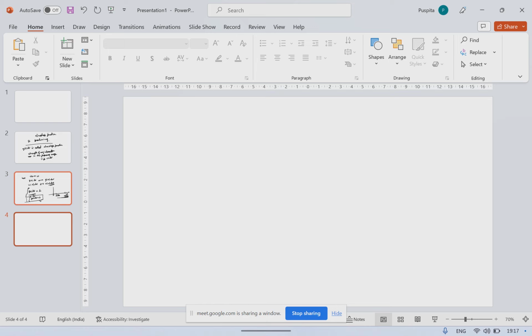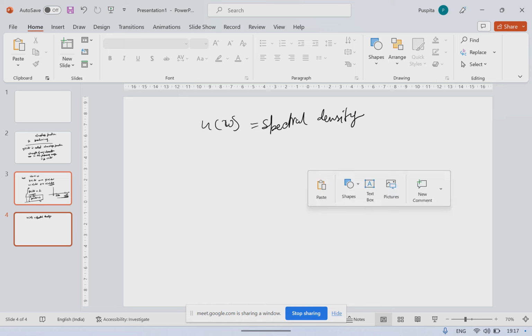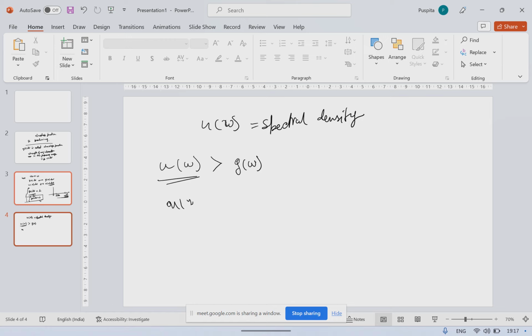So here we also know there is another omega dependent term, which is spectral density. As you have seen in the class, sometimes u omega is greater than g omega, and sometimes u omega is less than g omega.